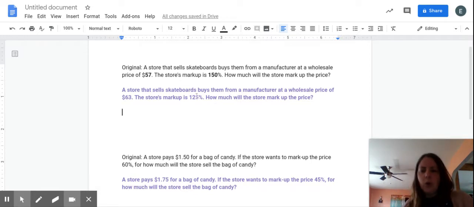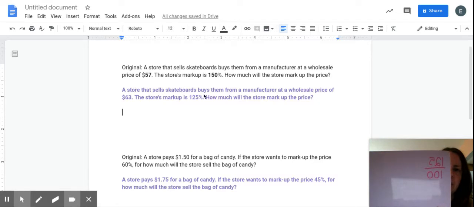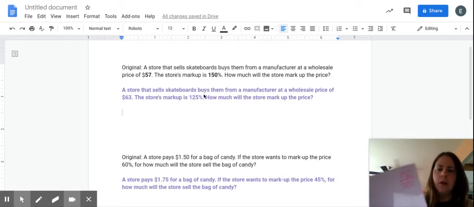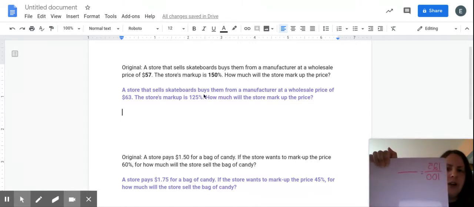So I know 125%, that means 125 over 100. That's my first step. Okay, my second step. I need to figure out where the 63 goes and where my variable goes. You can see of, keyword of.